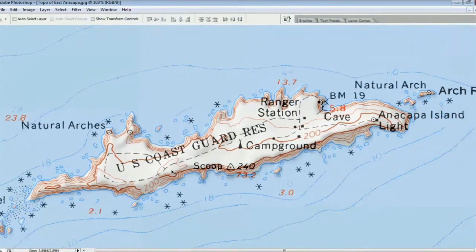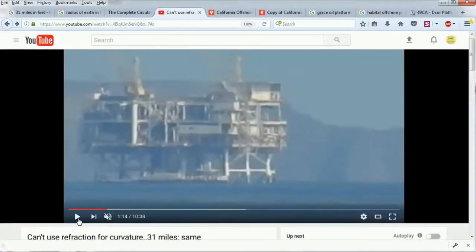So this is 240, that's 240, that's 240, and this one on the opposite side is 240 feet. And if you look at the video, right there is 240.